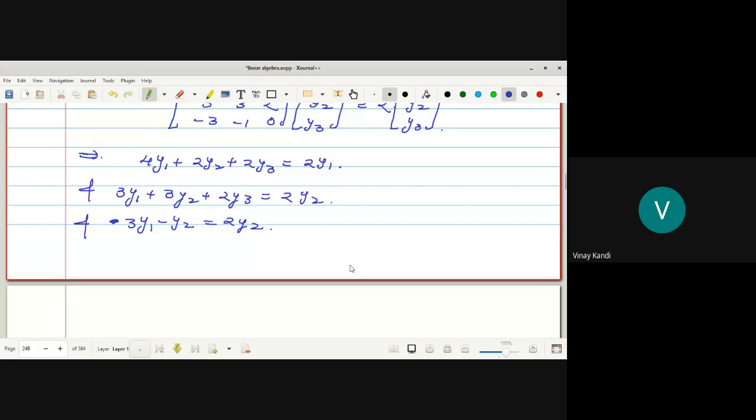Now what equation will we get? 3y1 minus 3y2 is equal to 0, so y1 is equal to y2. Sorry, this one is 3y3. Wait a minute.